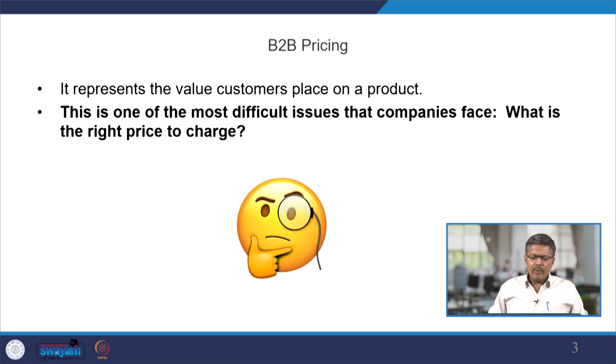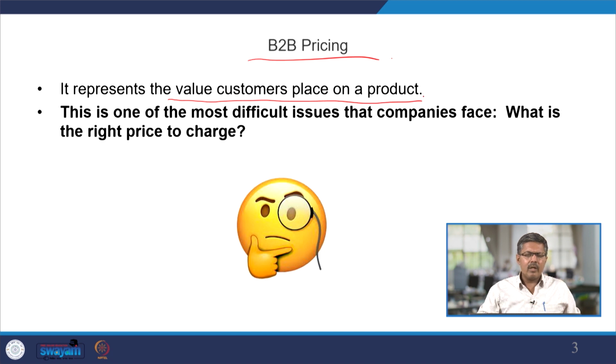So when we talk about B2B pricing, what is pricing here? In B2B, it represents the value customers place on a product. It is not only for B2B, it can also be for B2C. So what we understand is the value that customers place on a product. Now this is a little more important in the B2B case.